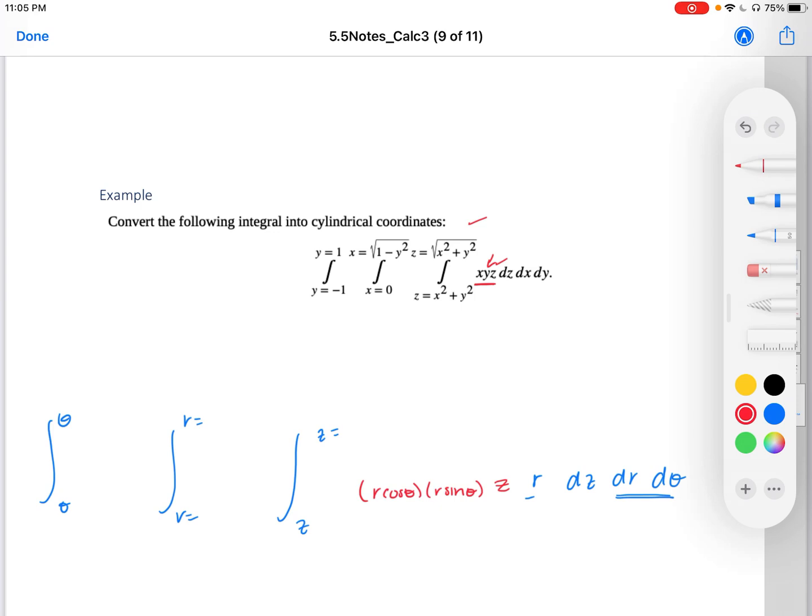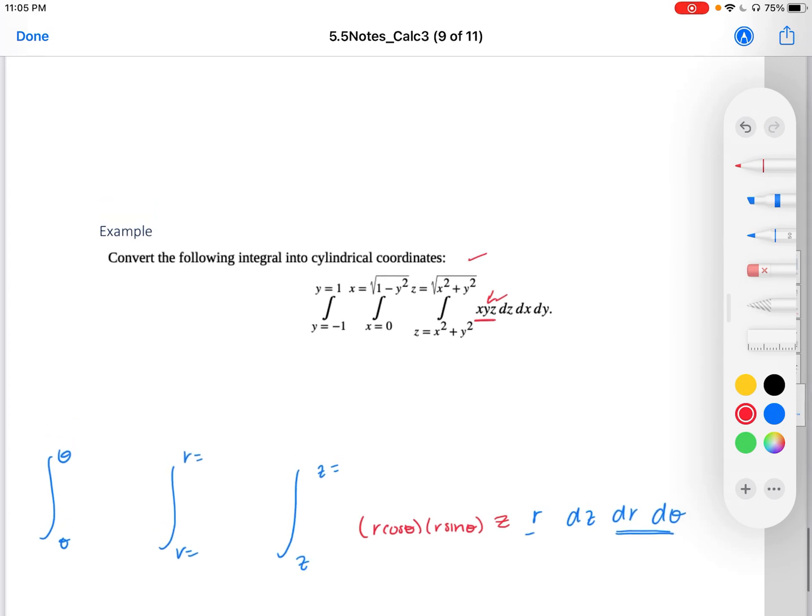Now we need to take the time to rewrite these bounds. So let's talk about each bound separately. So for z, well, hopefully some red light should be lighting up in your head. You see those x squared plus y squared? You know that r squared equals x squared plus y squared.